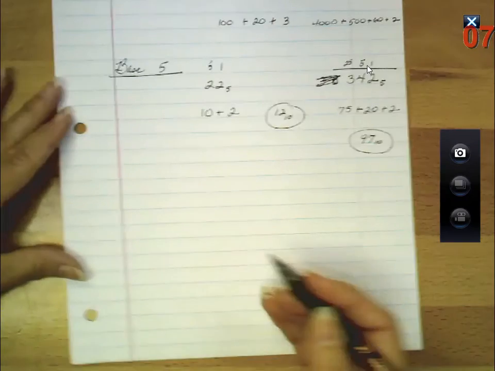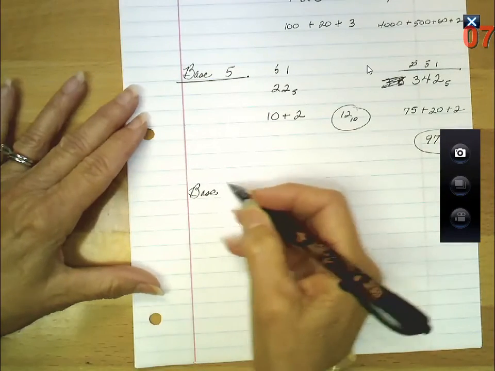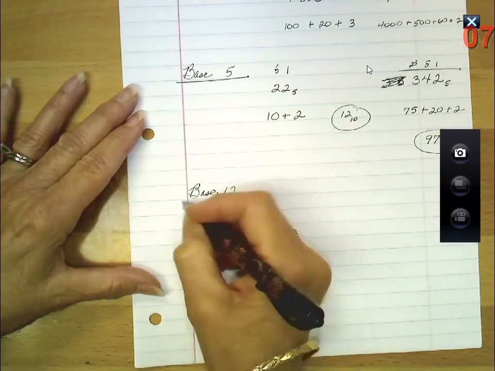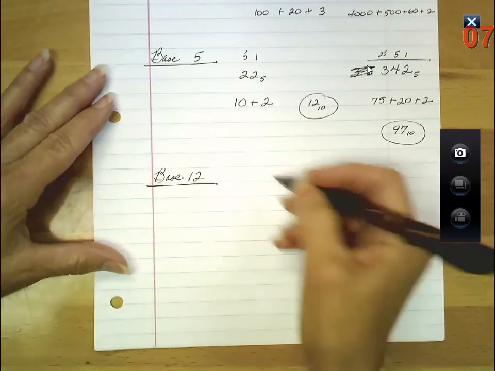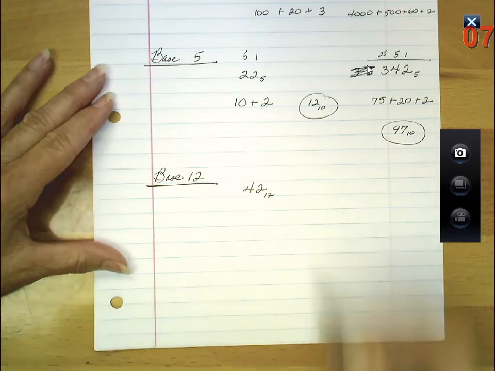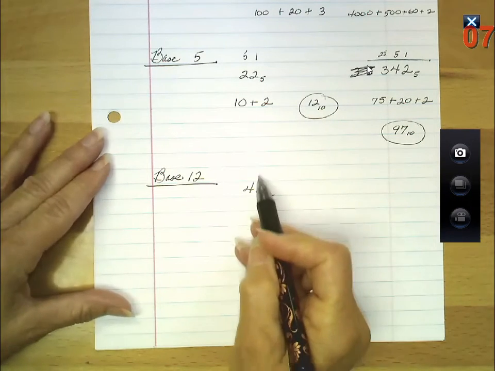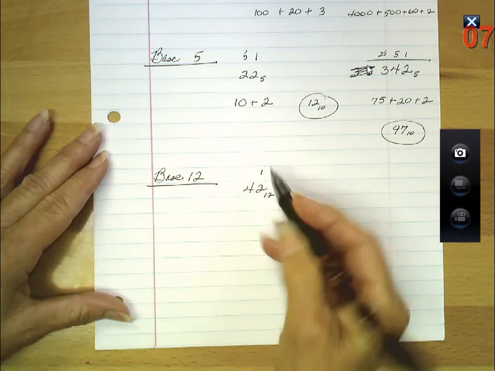Okay. Now let's try another base. Let's say we have base 12. Now, let's say our number is 42 in base 12. What will this column be? 1. What will this one be? 12.